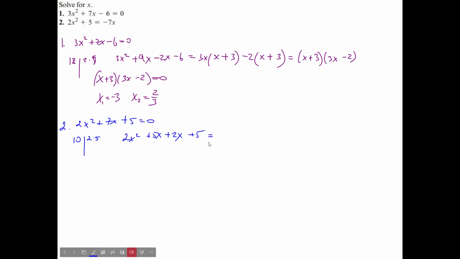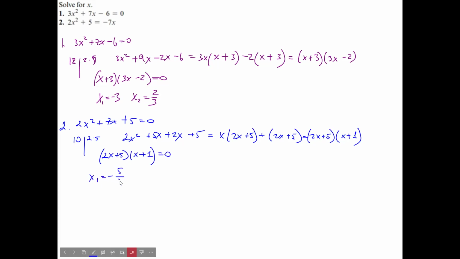So what I do, take x outside, 2x plus 5 plus 2x plus 5. So as a result, I have 2x plus 5, x plus 1, right? So 2x plus 5, x plus 1 equals 0. So x1 equals minus 5 over 2. x2 equals minus 1.